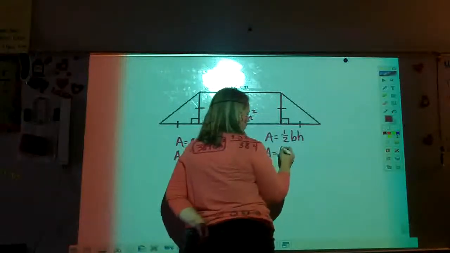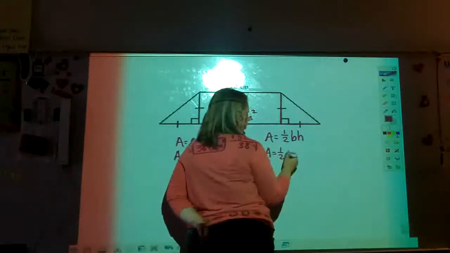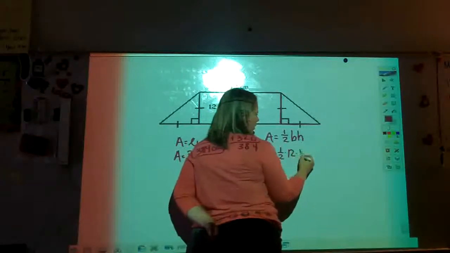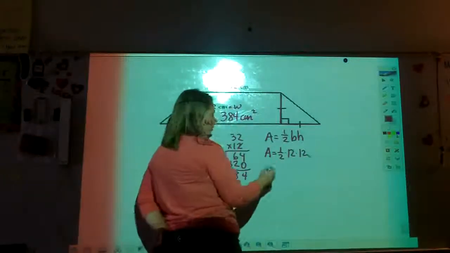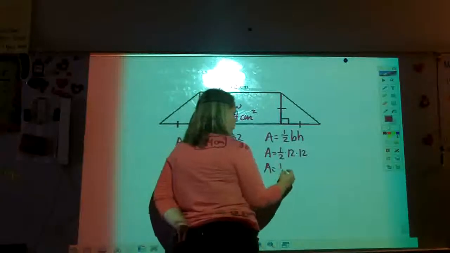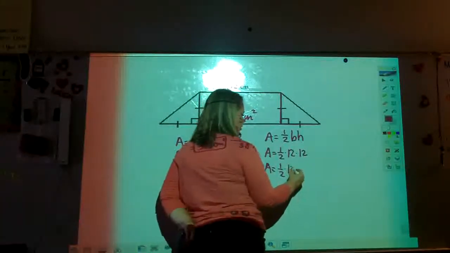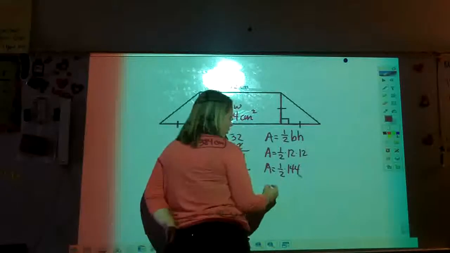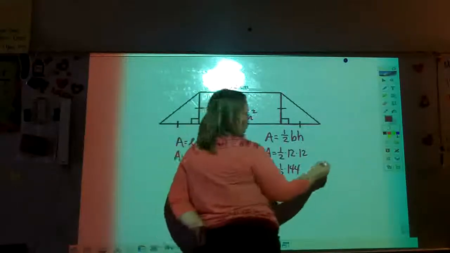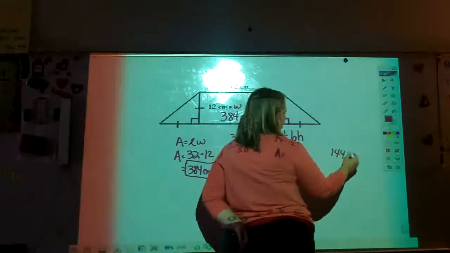So I'm going to replace my variables with those values. 1/2 times 12 times 12. So area equals 1/2. 12 times 12 is 144. So area equals half of 144. So we're going to come out to the side.